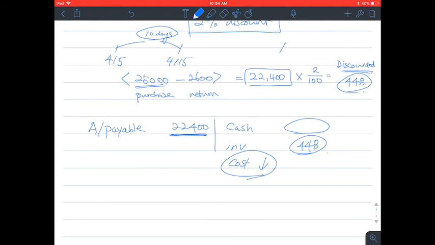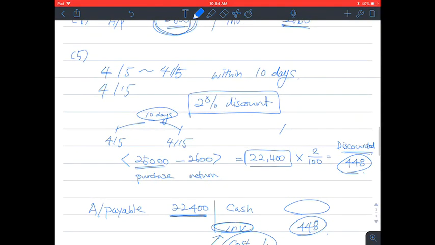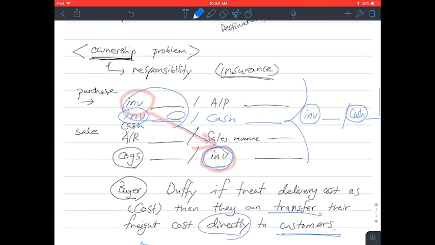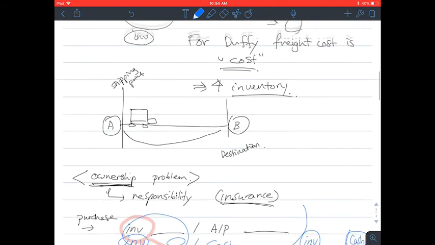So in the book, it says just treat inventory as recorded at its cost. So that means you can just treat inventory as cost if it's a merchandise company. Okay? So that is it for number 2.